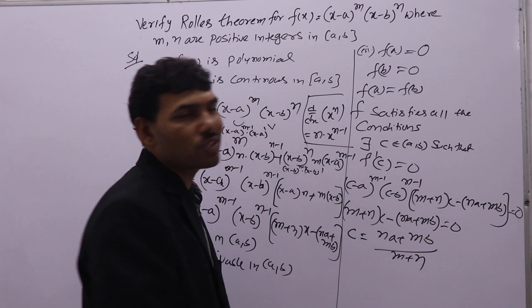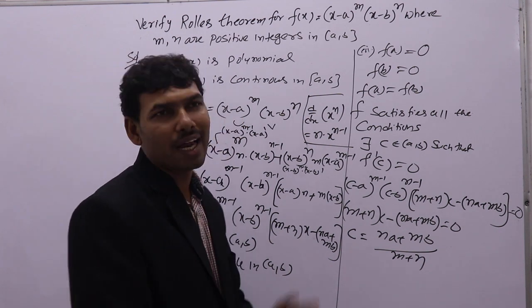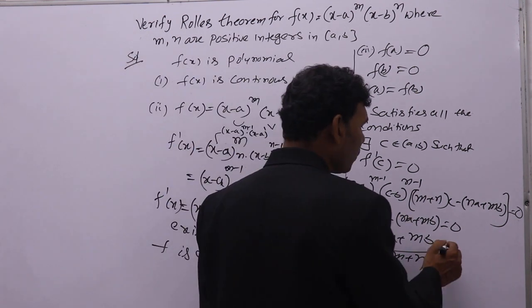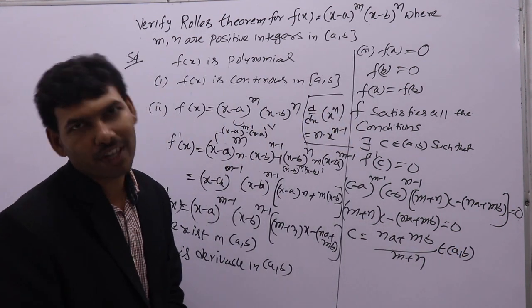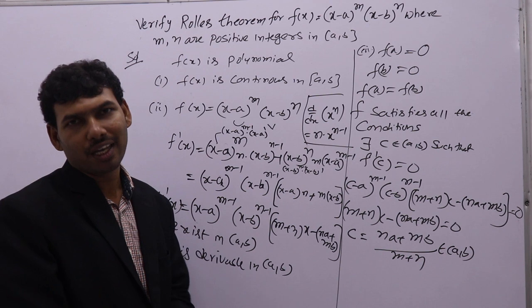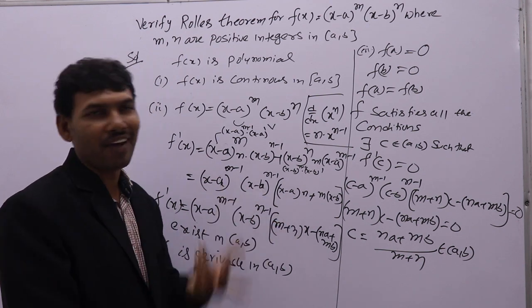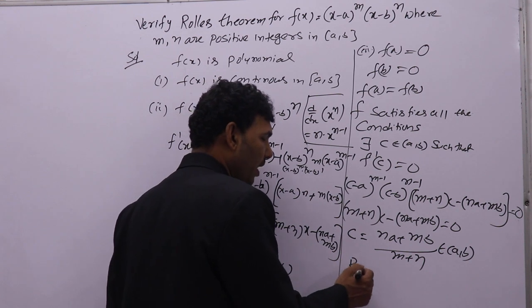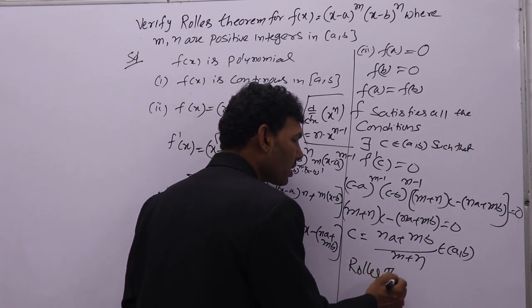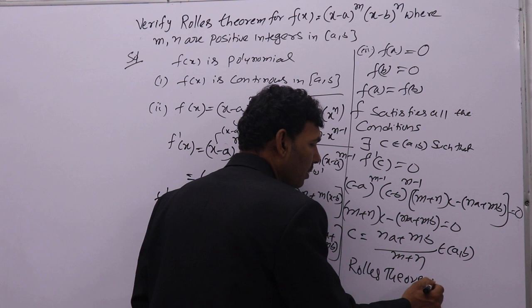If you want, you can give some values for m, n and a, b. Definitely that value should lie between a and b. For different values of a and b, you can check that the value lies in between a and b. So Rolle's theorem is verified.